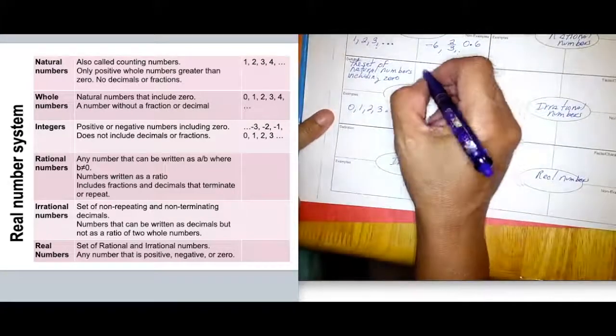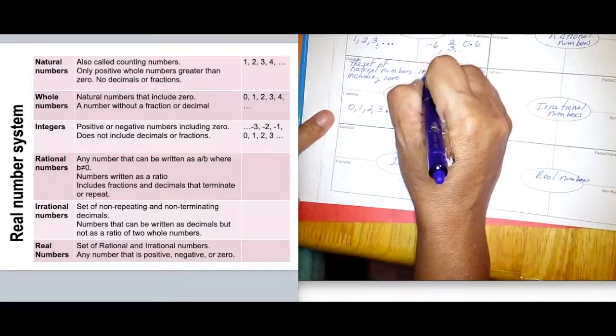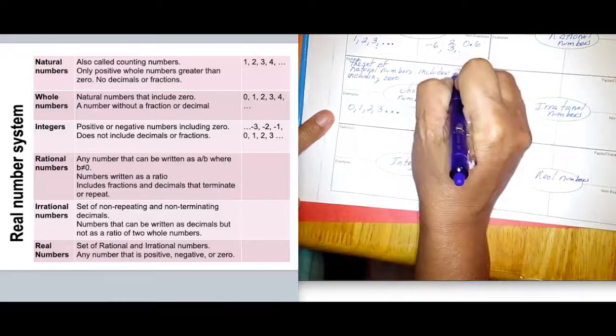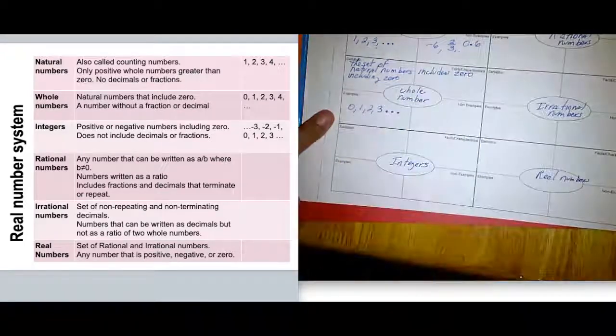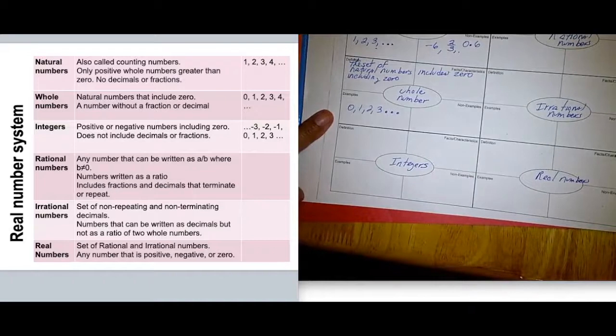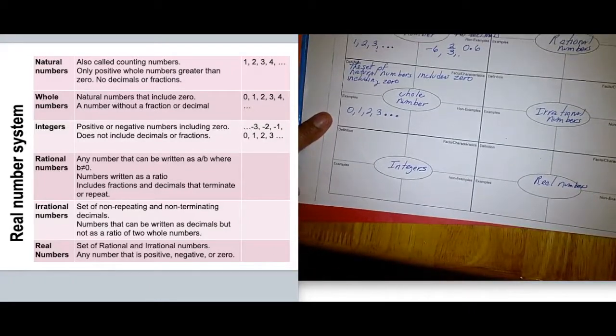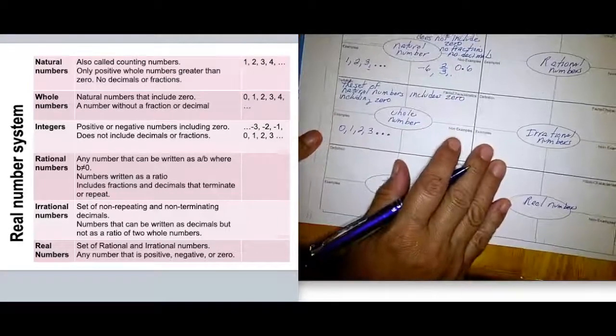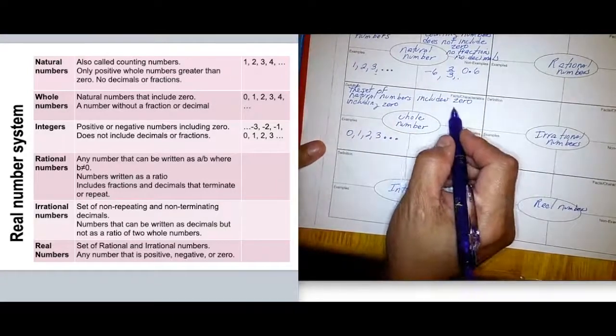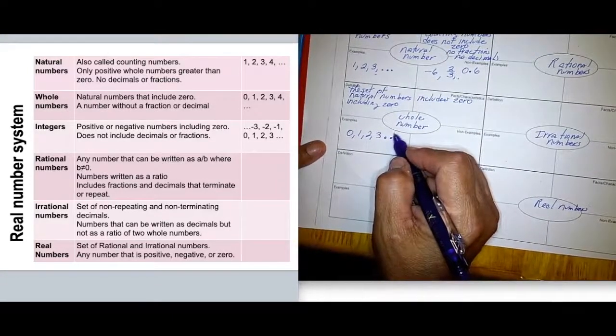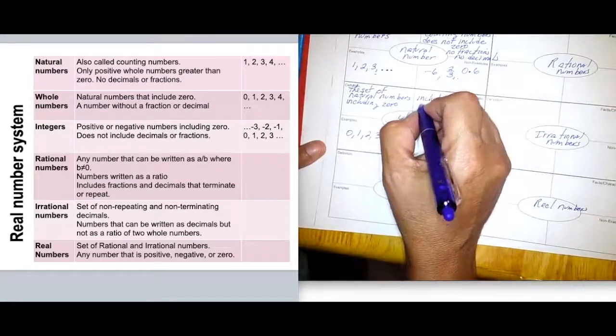An important fact, this time I really want to emphasize that it includes 0. If I wanted to put some more important facts, I could say again, no fractions, nor decimals.